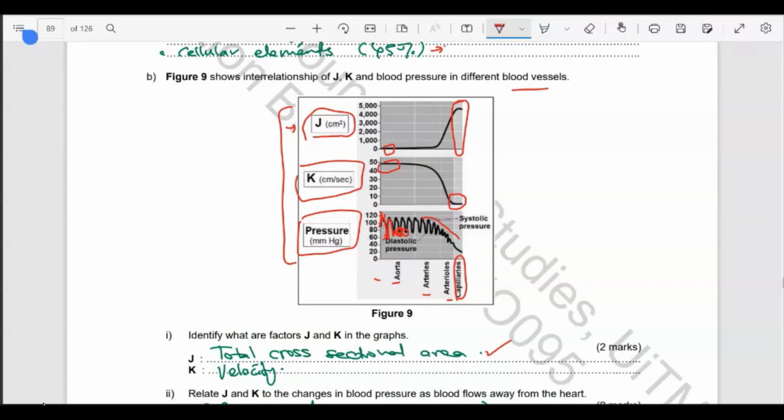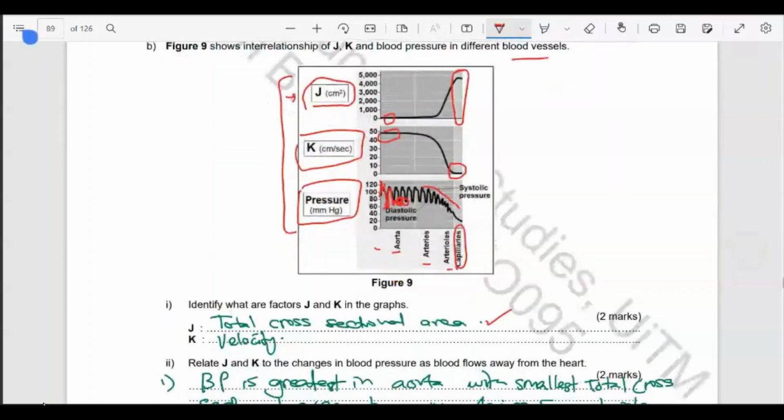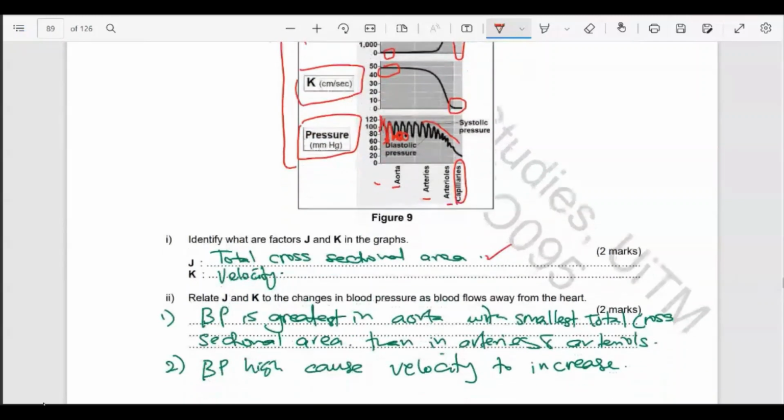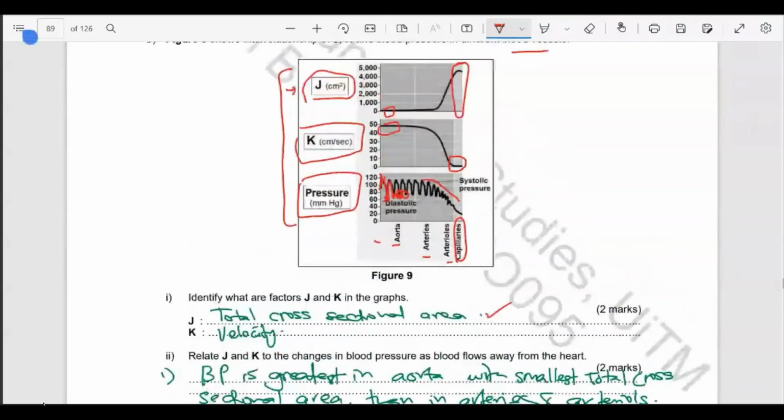So the blood has to flow slowly so that efficient exchange of material can occur. Kalau darah tu mengalir dengan laju, macam mana exchange of material nak berlaku dengan efektif, okay, dengan efficient. So basically you have to know how to relate these three factors.